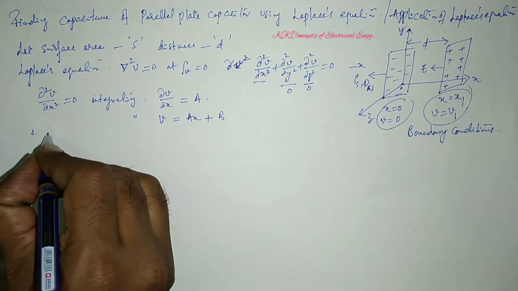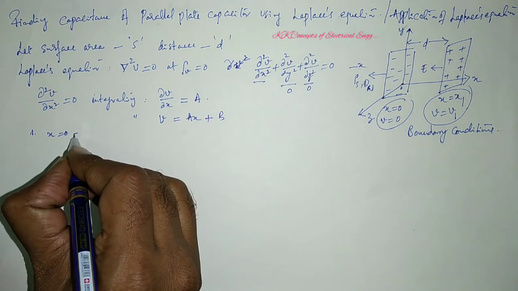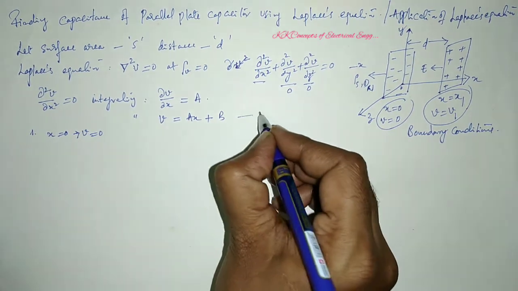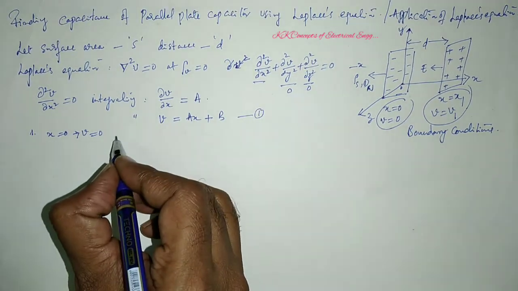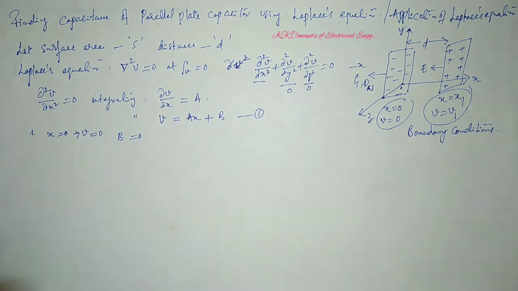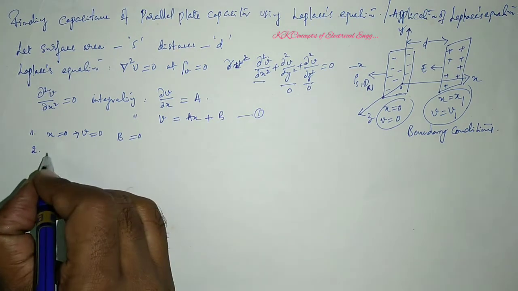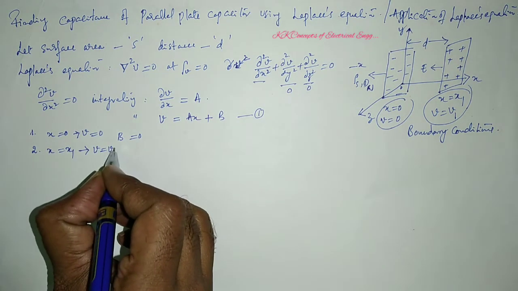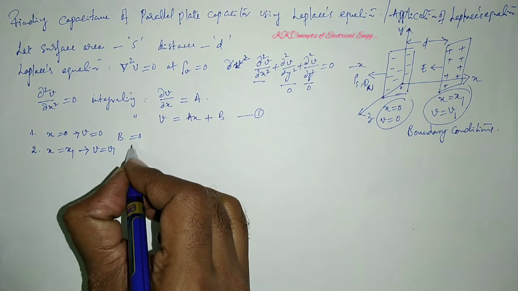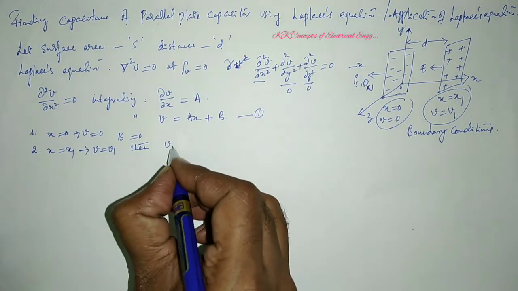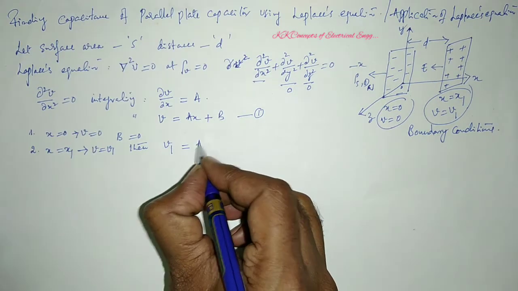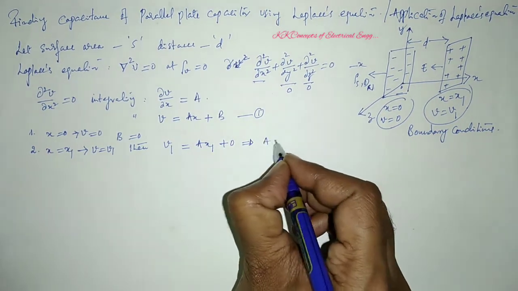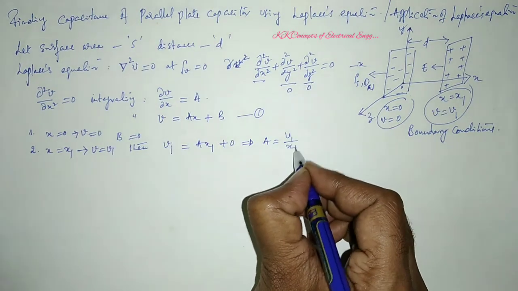Condition 1 applying that x equals to 0, then V equals to 0. Then applying this in equation number 1, we are going to get b equals to 0. Condition number 2, that x equals to x1, then V equals to V1, then V1 equals to a x1 plus 0, which gives a equals to V1 by x1.